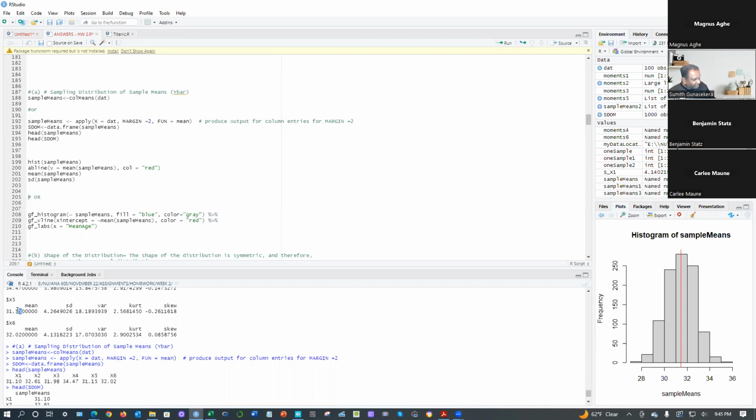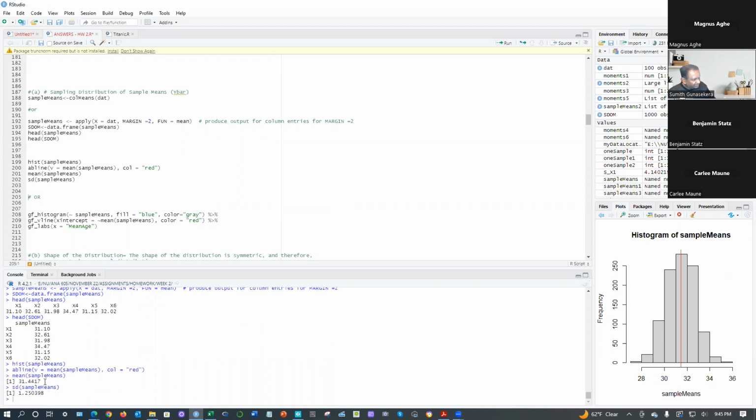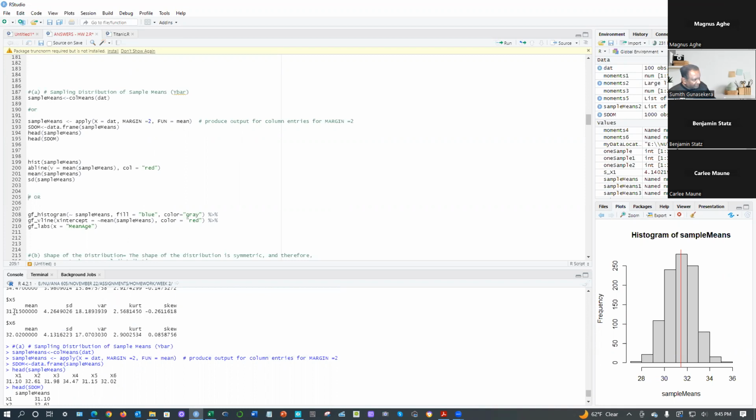Would that be similar to the center of the sampling distribution? Yes, though it's not exactly the same thing.